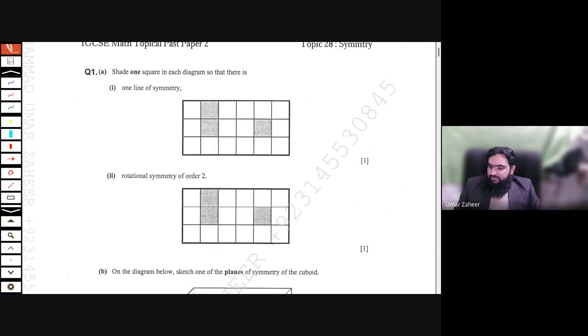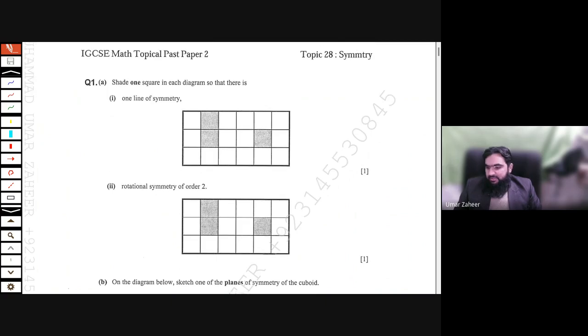Now, we have to shade one square in each diagram so that there is one line of symmetry.